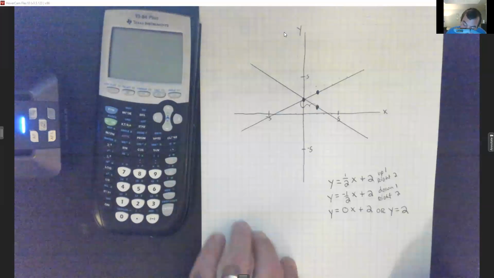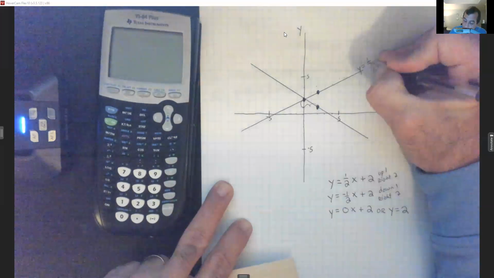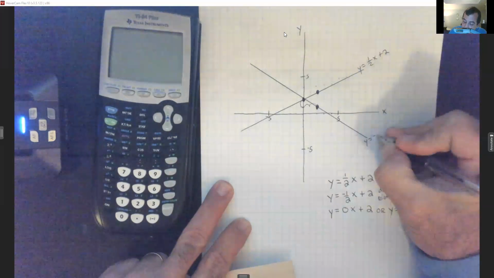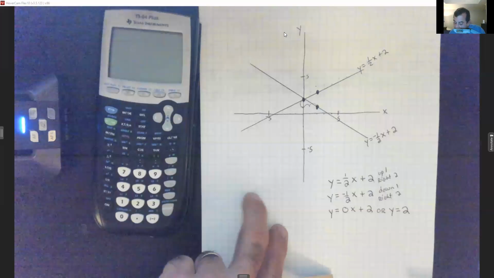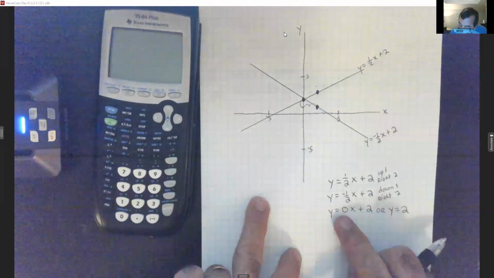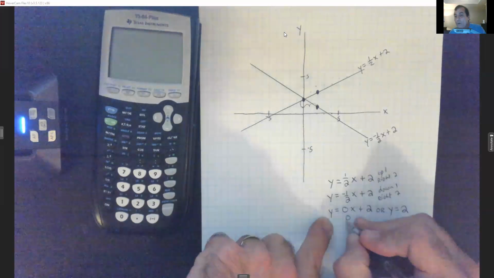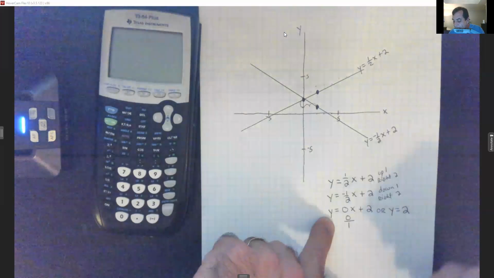Okay, the first one, here's my y equals 1/2 x plus 2. This is y equals negative 1/2 x plus 2. And then this one was y equals 0x. Now remember, 0x is like a 0 over 1. If you got to make it look like a fraction, you got to put a 1 under it.